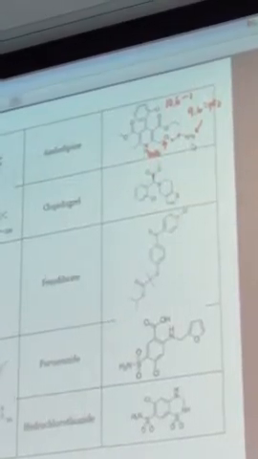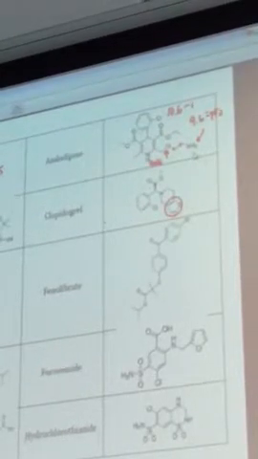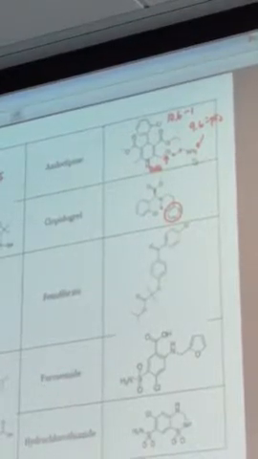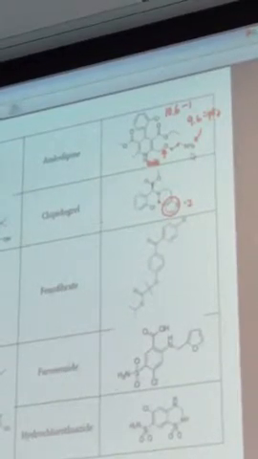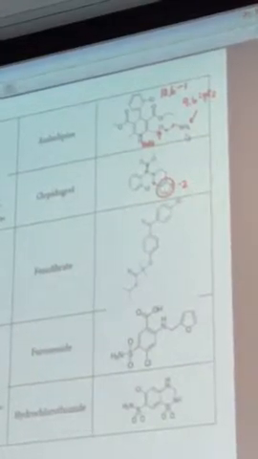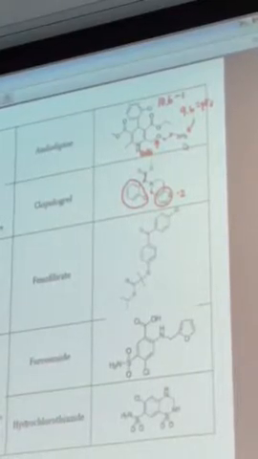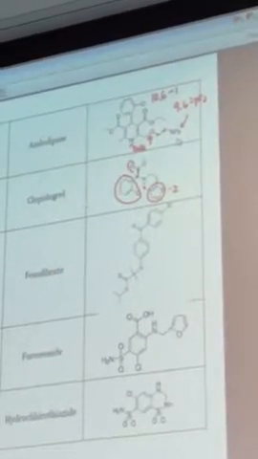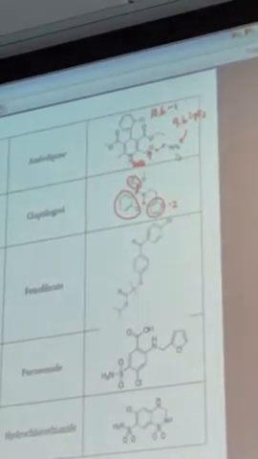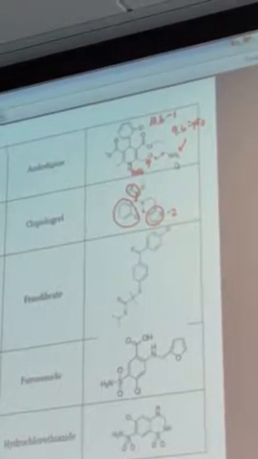What do we have? We have an electron withdrawing group that's 1 carbon away. So minus 2. What else? We also have this other one here that's 1 carbon away. And we also have another one here that's 1 carbon away. So this is a pretty low pKa.